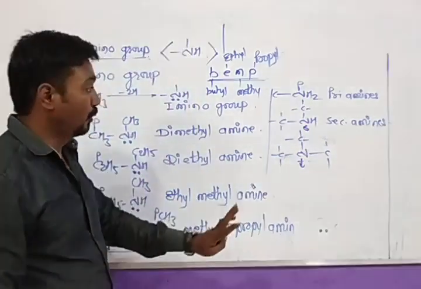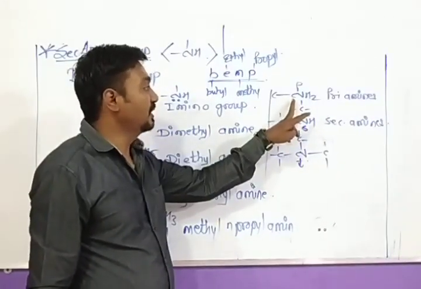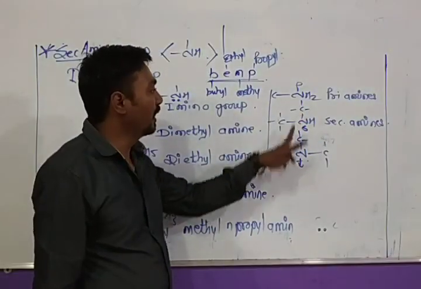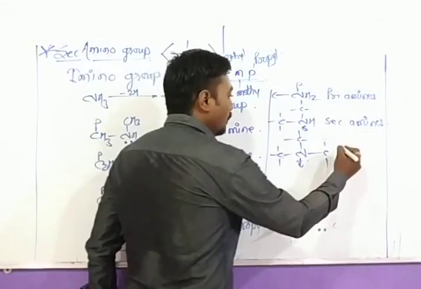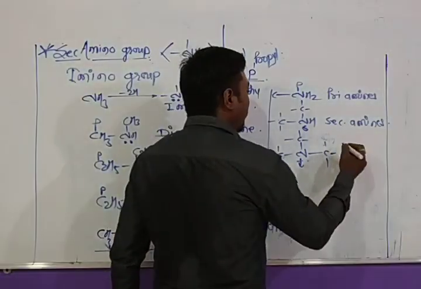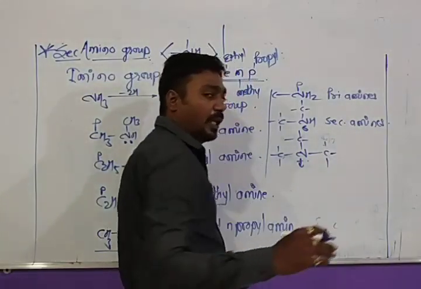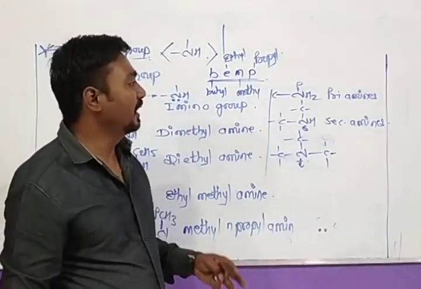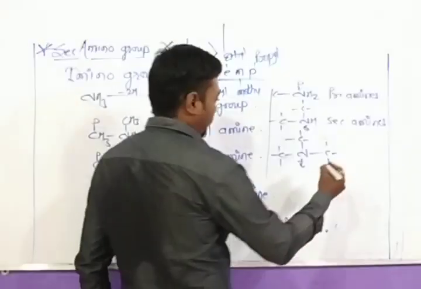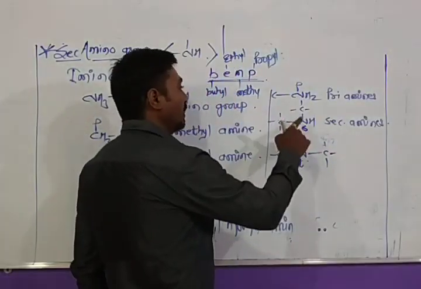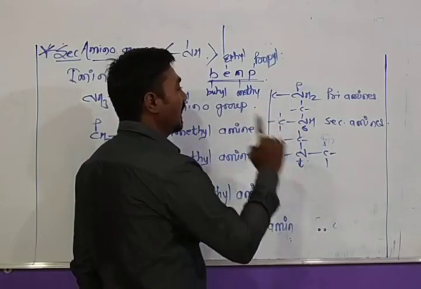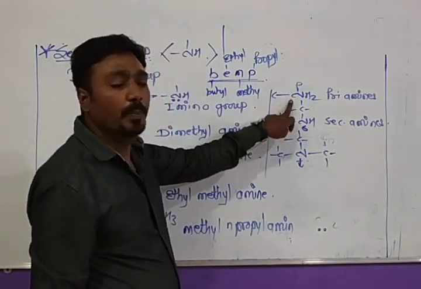Except for all other compounds, only amines are distinguished as primary, secondary, tertiary according to these notations. In the case of all other compounds, the criterion for primary, secondary and tertiary is the carbon atom. But in the case of amines, primary, secondary and tertiary are identified on the basis of the nitrogen atom.